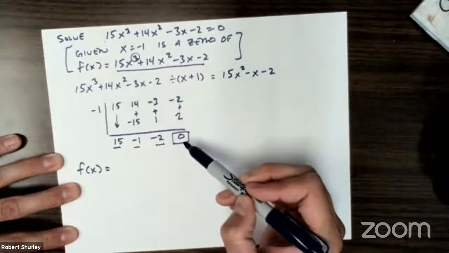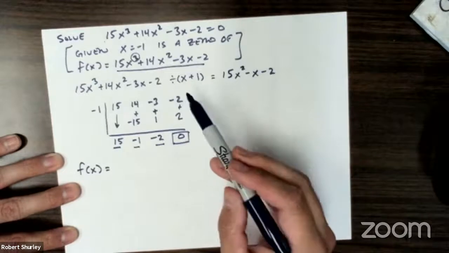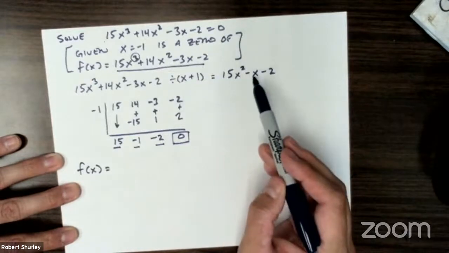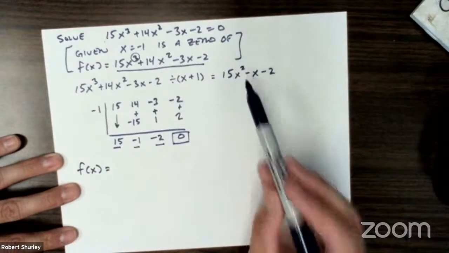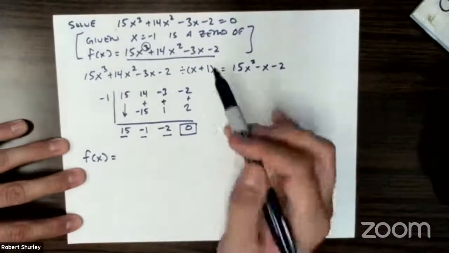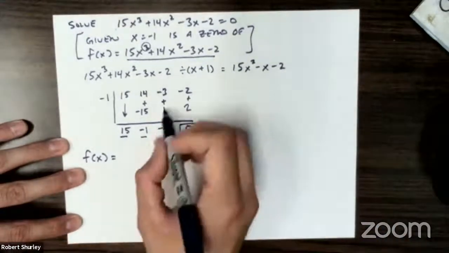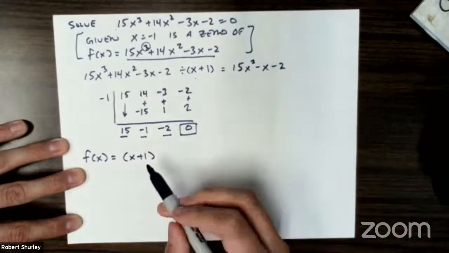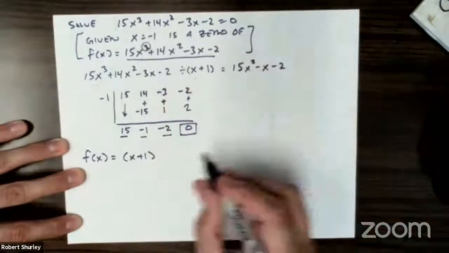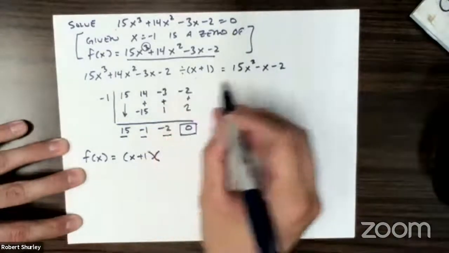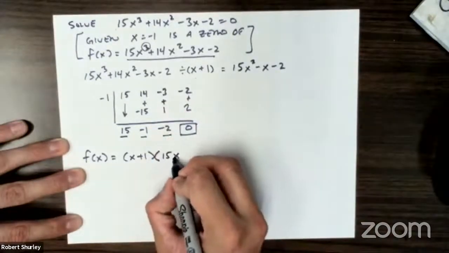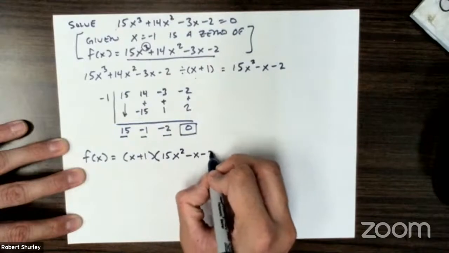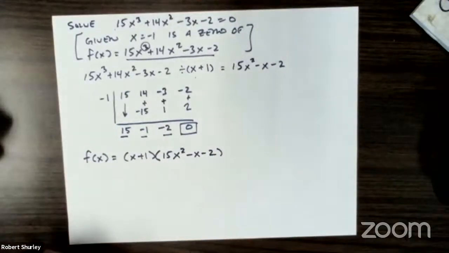Remember, if we had a remainder of 0, it meant that the divisor and the quotient were both factors. I'm going to write the divisor first. x plus 1 is a factor. We know that because negative 1 is a solution. Times what we found, 15x squared minus x minus 2. Okay?